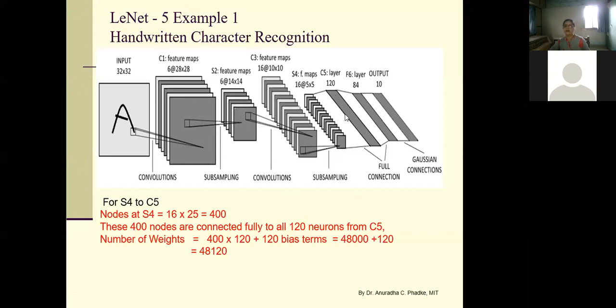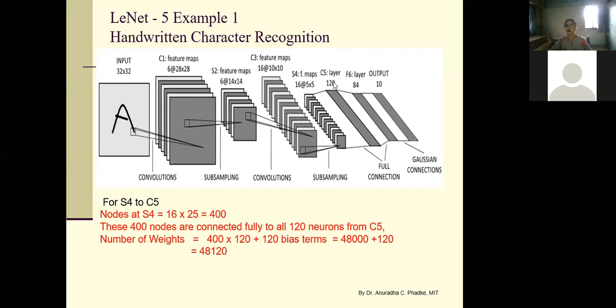For C5, there are 120 nodes. Those 120 nodes are connected to the F6 layer, which has 84 nodes. Please type your answer for this question. Don't type your roll number and name.